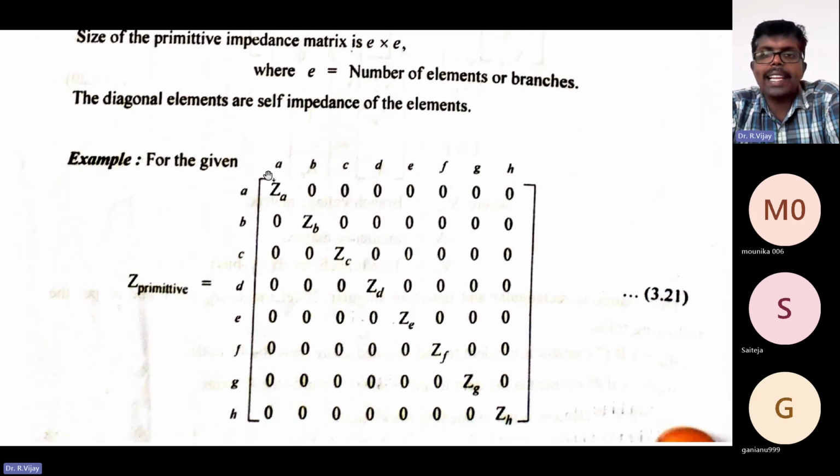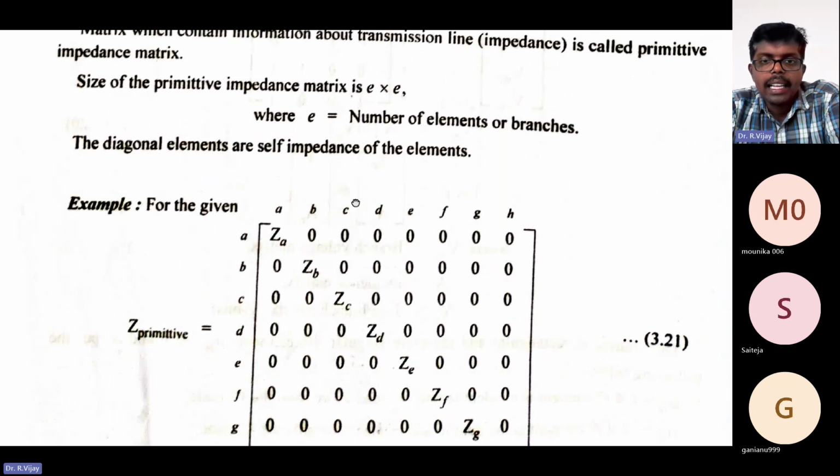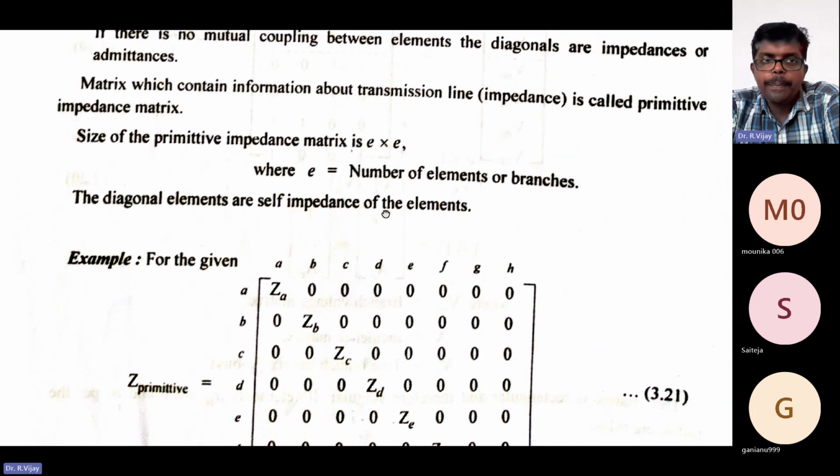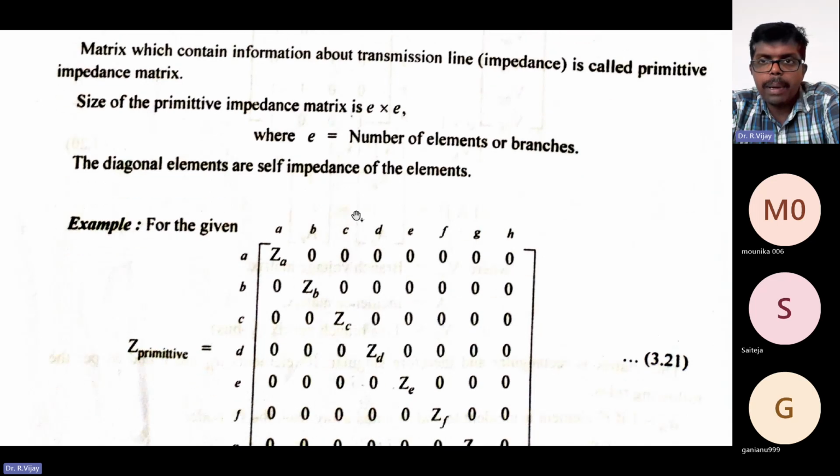Say for example, this example is given: Z primitive matrix equal to. These are the number of elements or branches: A, B, C, D, E, F, G, H, as we saw in the previous graph. So this is a matrix which contains information about the impedance of a particular transmission line.